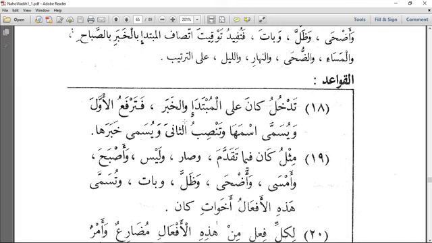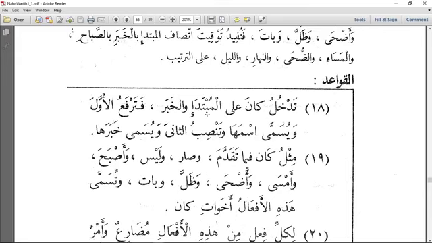فترفع الأول, and it gives the first one raf'un. We know that Mubtada and Khobar are usually nouns, they are ismu. The basic sign for raf'un in ismu is dhamma, if it is not Jamo Mudhakkar Salim, if it is not a plural.